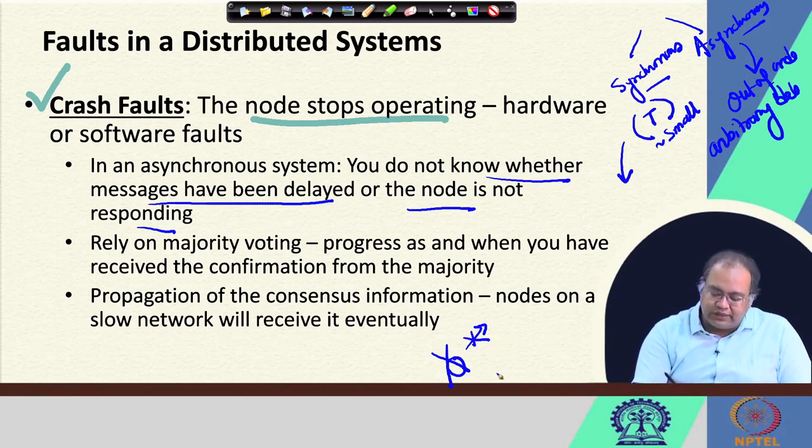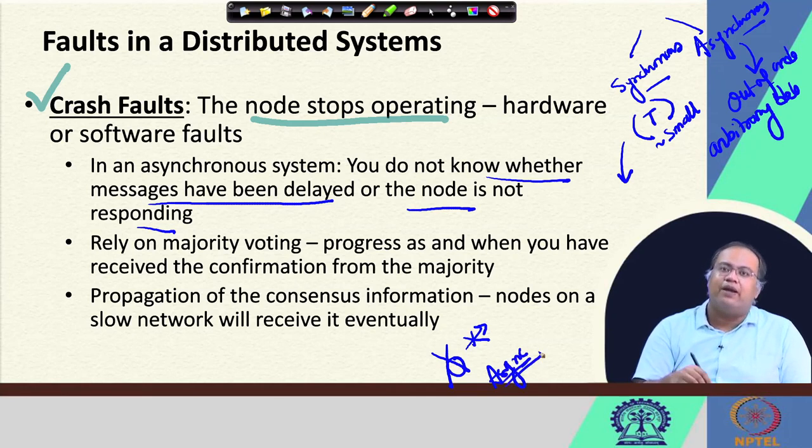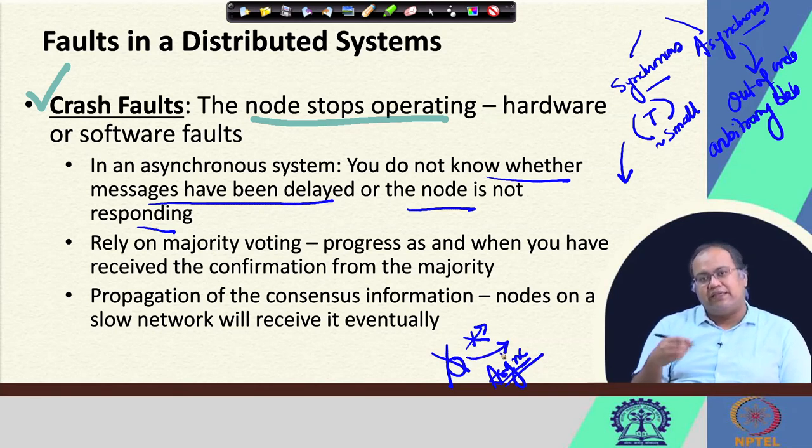But in an asynchronous system you also have arbitrary message delay. So even if this node has sent a message, the message might have experienced arbitrary delay, and you are not receiving it.